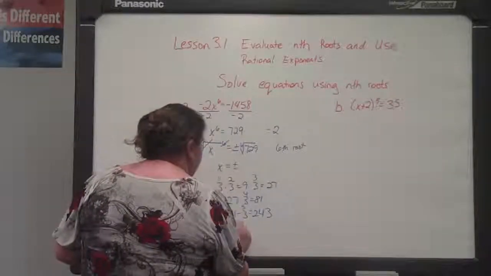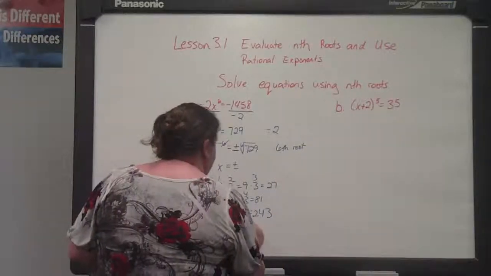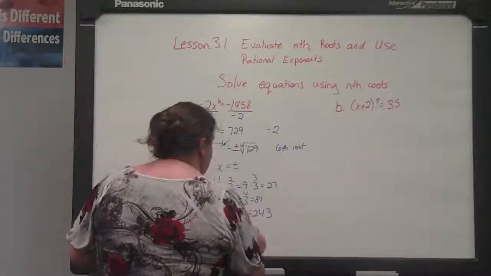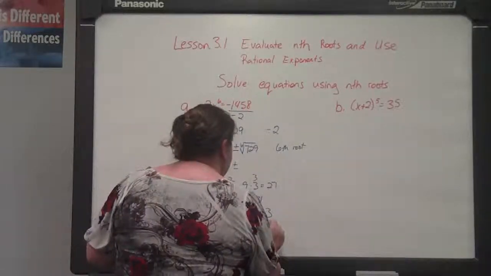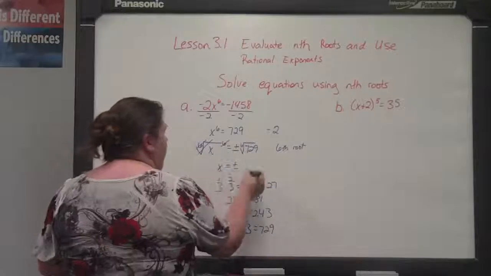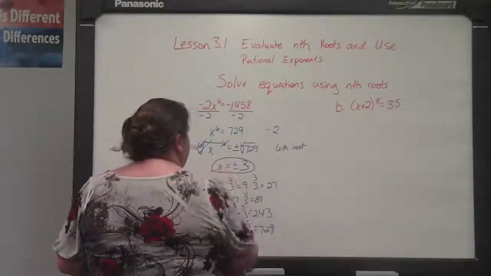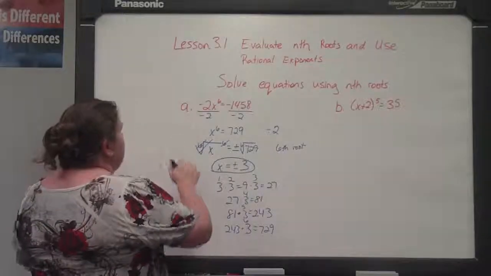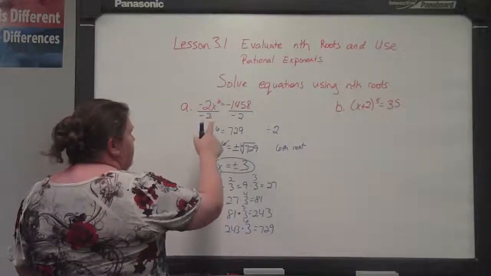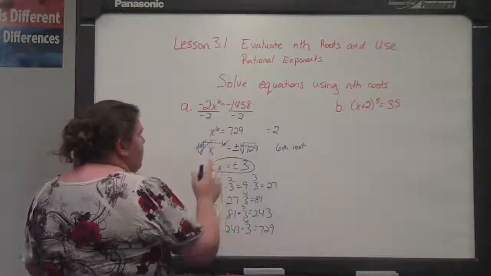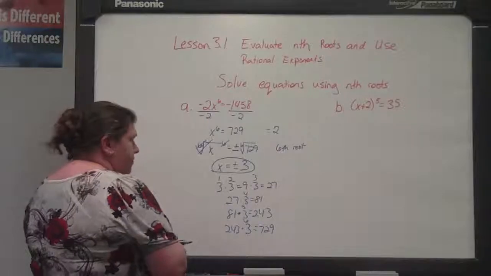And then 243 times 3, which is 6, would give me 729. So therefore my x is plus or minus 3. So the answer to A, negative 2x to the 6th power equals negative 1,458, is that x is going to be plus or minus 3.